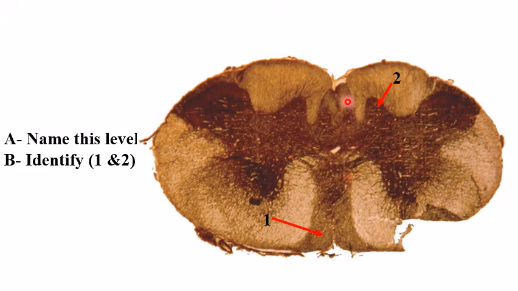This is the gracile, cuneate, spinal trigeminal. Number 1, on both sides of the median line here, we have the direct pyramidal. Closed medulla, motor decussation.